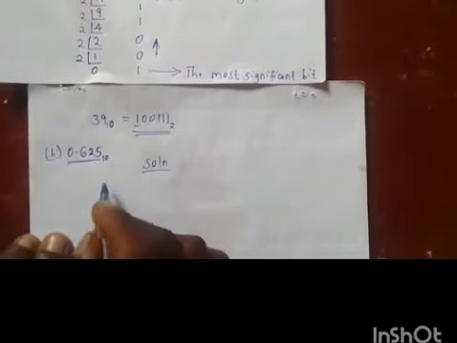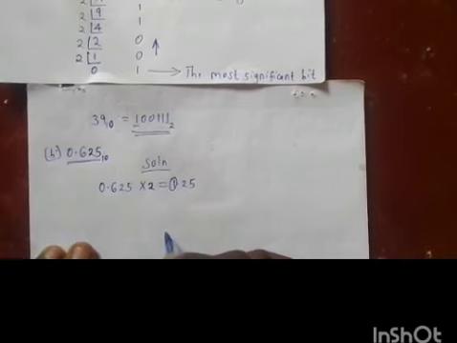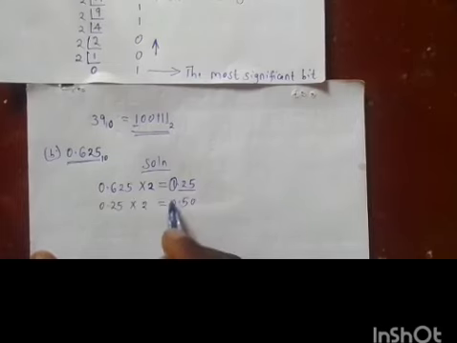So this is our result. We take this integer. Then we also repeat the same with the fractional part of this result. We also take this integer part and we multiply by 2 the fraction part.